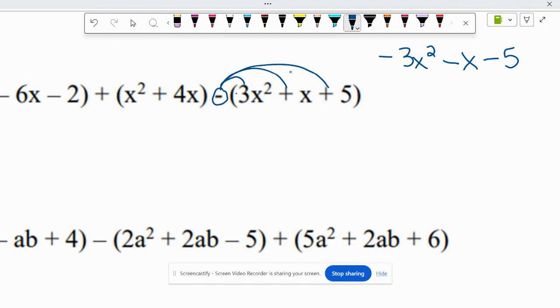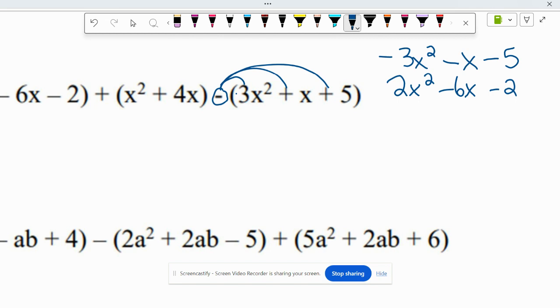Okay. Next, I'm going to go to that first term. I'm adding. So I'm going to add 2x squared. I'm going to line that up right below the 3x squared. My first polynomial has a negative 6x, and then a minus 2. That negative 2 is my constant.